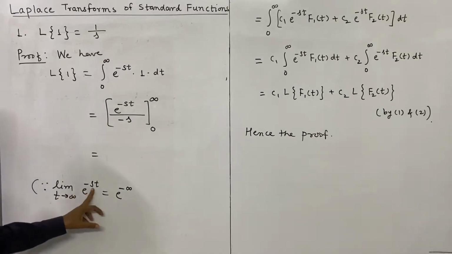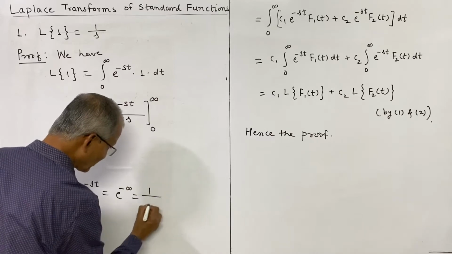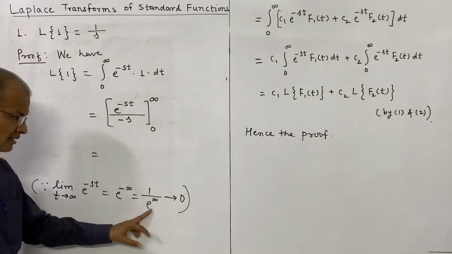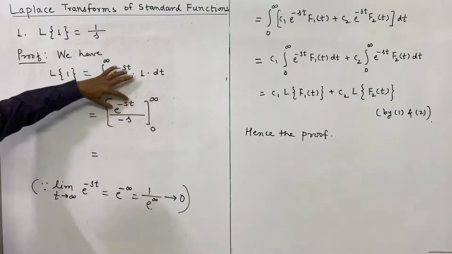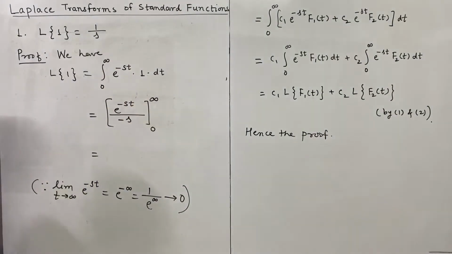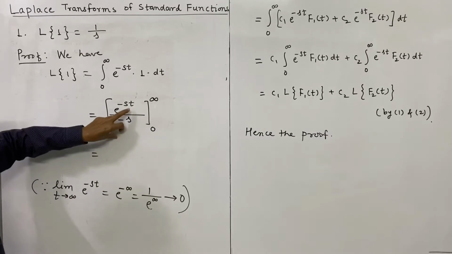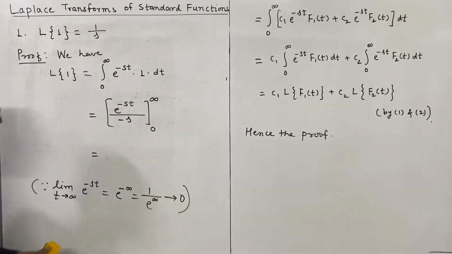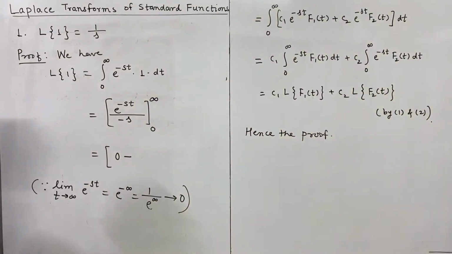When t is infinity, minus s into infinity is again minus infinity, and e to the power negative infinity will be 1 over e to the power infinity, and this will tend to 0, because whenever the denominator is infinite, the value approaches 0. Because this term is 0, the upper limit value is 0. So whenever we come across this type of term, e to the power negative infinity, it approaches 0, or its value we shall consider as 0, and therefore the upper limit for this expression is 0 minus.